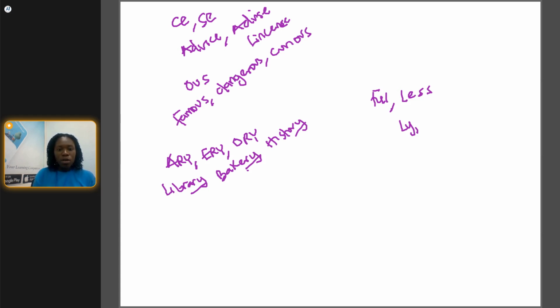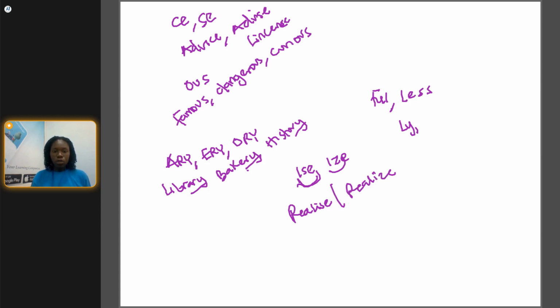We can also have combinations like ISE or IZE. Sometimes ISE is used for British spellings, while IZE is used for American spellings. But sometimes in British you're permitted to use both interchangeably. So you can have words like realise or realize. You can look out for all of these combinations to determine your correct spelling.